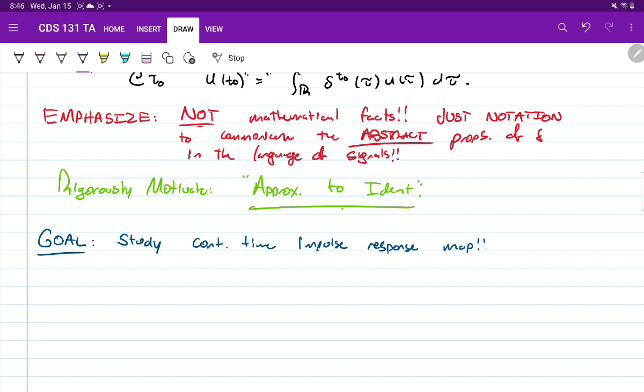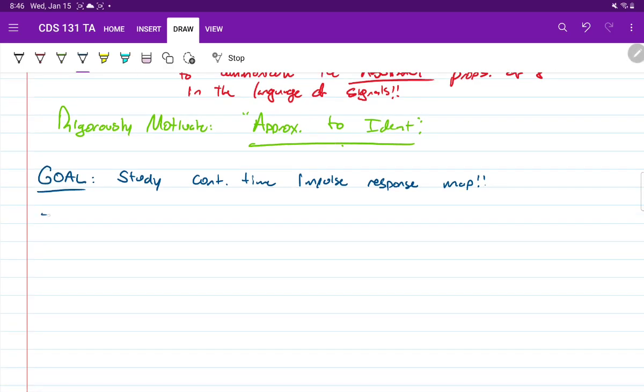Okay? Now, like I said earlier, what we're going to do is we're going to use the discrete time case as a template for our study in the continuous time case. Okay? So let's think back to how we defined our impulse response map in the discrete time case.